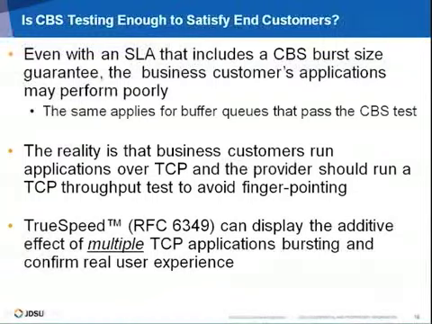End customers' business applications are TCP-based, and even though the provider does not offer a TCP SLA per se, we found that it's highly beneficial to run TCP-based installation tests based off of RFC 6349. And since the JDSU implementation of RFC 6349 TrueSpeed has been enhanced and automated significantly, it truly can be the same truck roll, same technician that can run the TCP test in under 5 minutes.